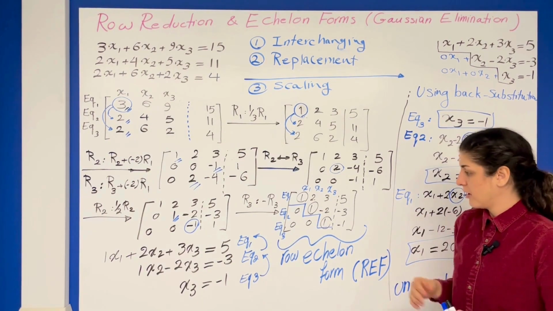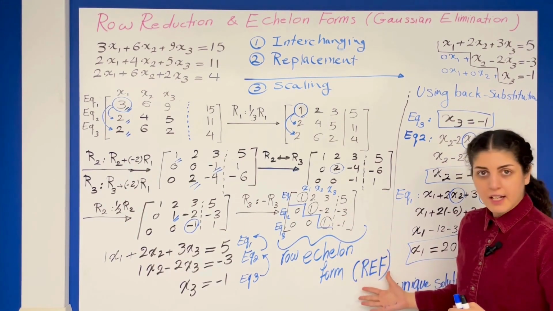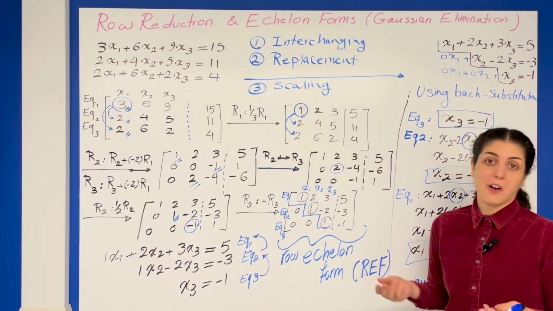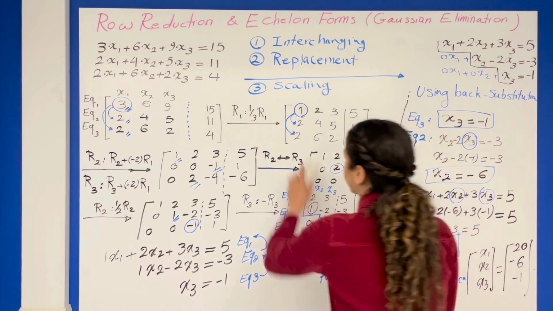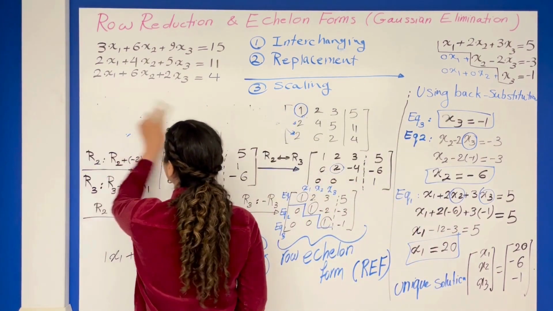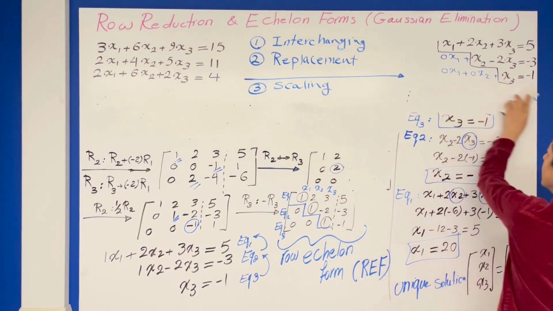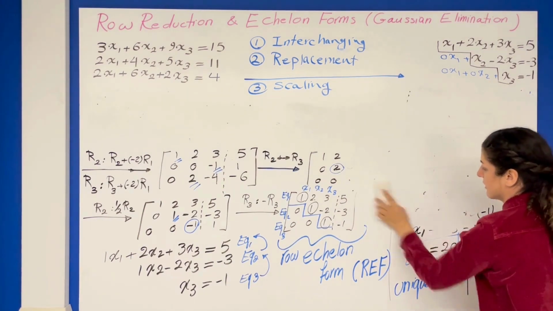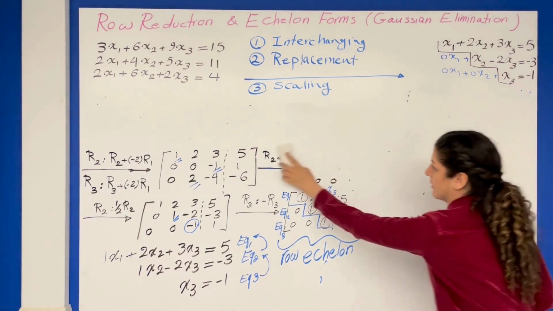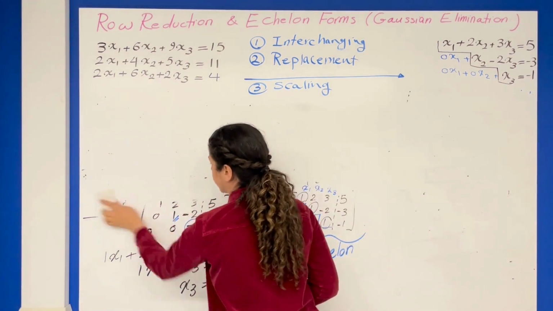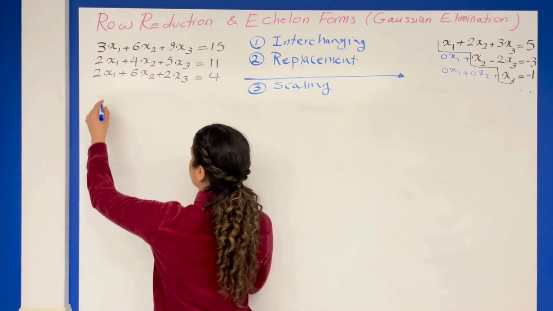All right, now that we have seen an example of how to get the REF, the row echelon form, let's see the official definition.